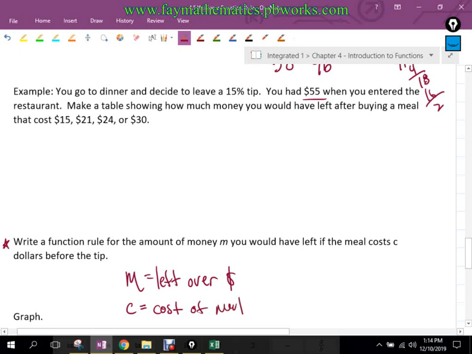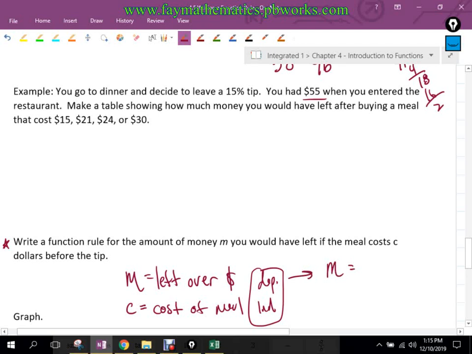Which one of those is dependent? The leftover money. The amount of money that I have left over depends on how much my meal costs, right? So this is dependent, and this is independent. Why are we worried about that? Because the dependent is going to be written by itself.